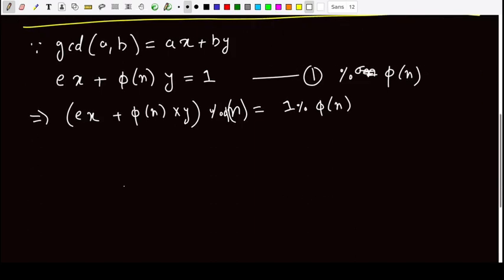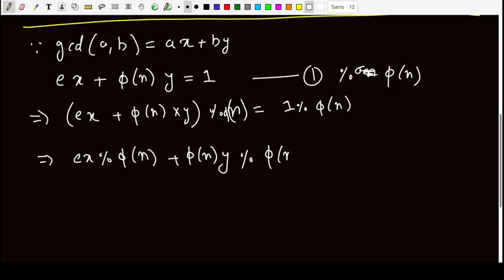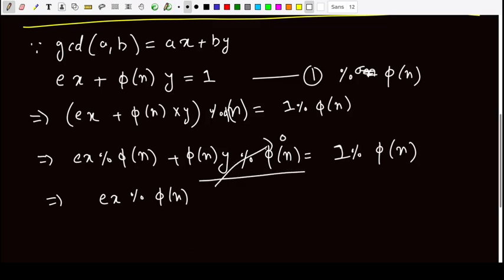Right, so this essentially becomes EX modulo phi n plus phi n y modulo phi n equals 1 modulo phi n. And this entire term is 0, because phi n divided by phi n leaves remainder 0, so that entire term is 0.